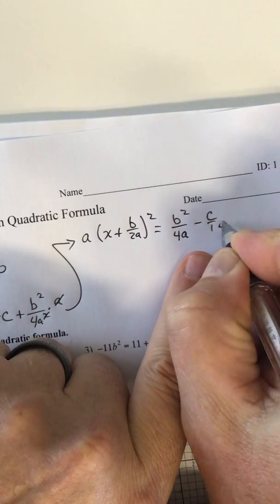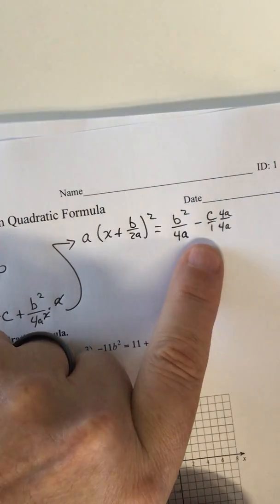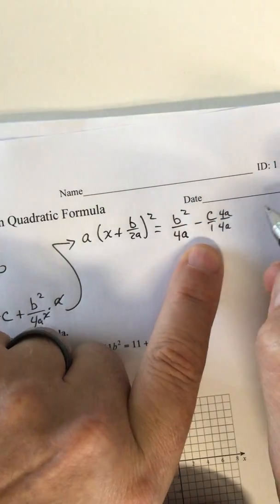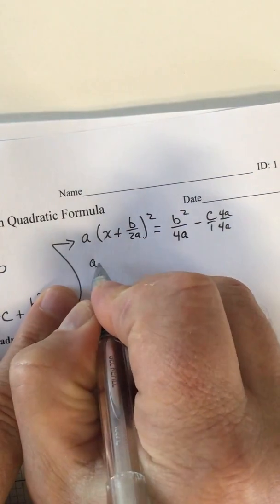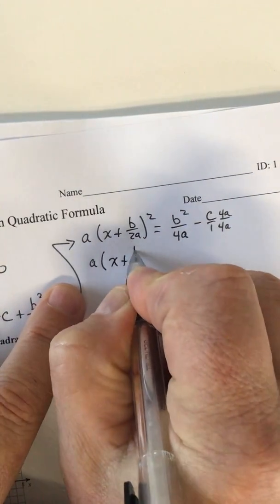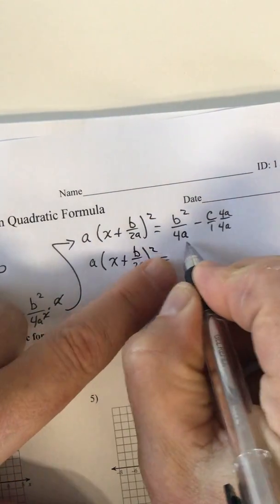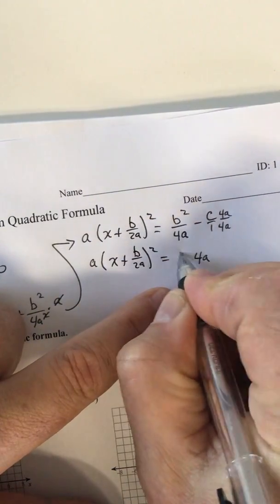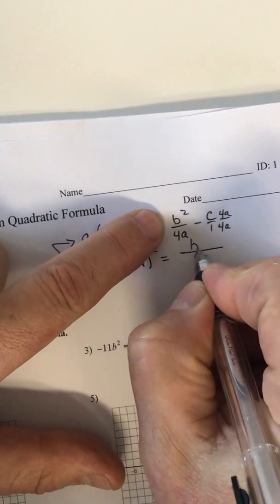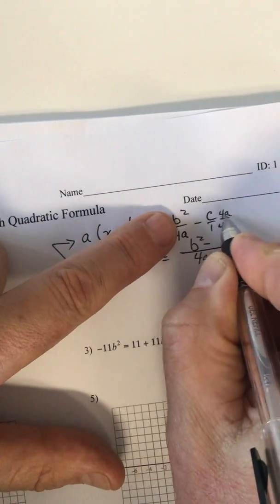So if I multiplied by 4A over 4A, I would have that. So now I could call this A times X plus B over 2A all squared. And now the 4A is the common denominator. So I can just put all this stuff on the top. B squared minus 4AC.